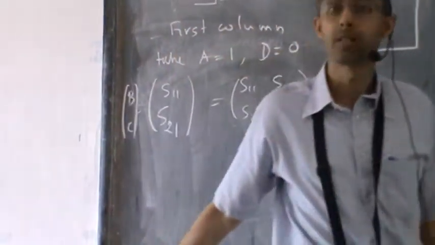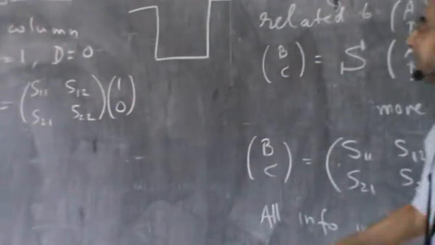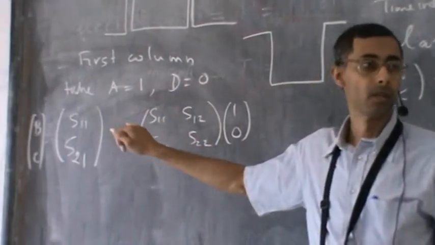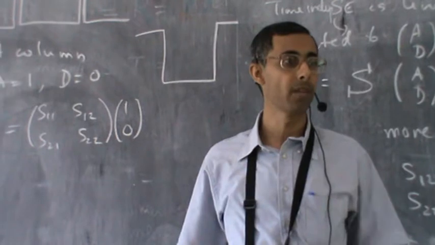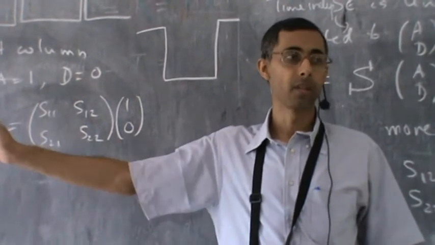So what's the physical meaning? What is A equal to 1, D equal to 0? It's a standard scattering problem: scattering of a unit amplitude wave from the left and nothing from the right.